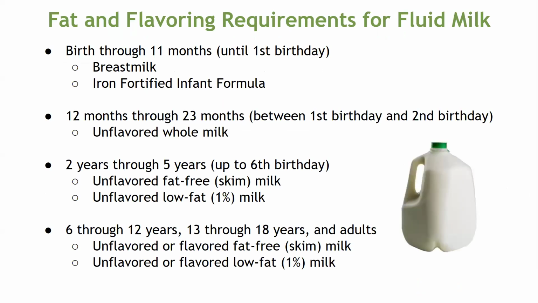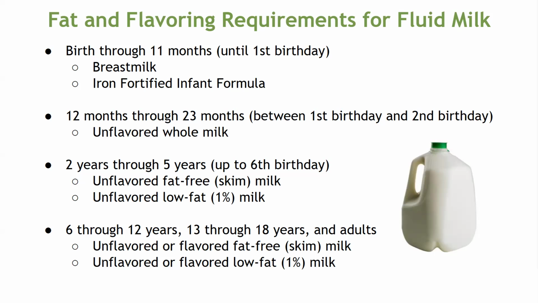All right, so here are the different fat and flavoring requirements for fluid milk. Birth through 11 months, or until the first birthday, breast milk and fortified infant formula is required for those little babies. For 12 months to 23 months, so first birthday to second birthday, unflavored whole milk is the requirement.